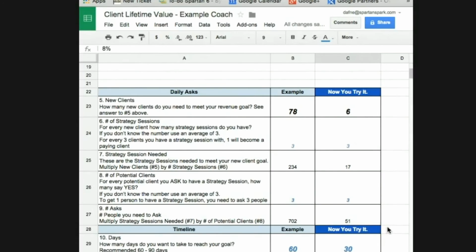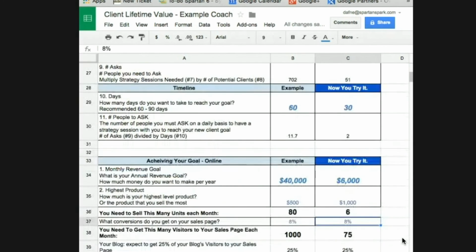The furniture designer wants to have a strategy session for interior decorators or her target market, so she needs to talk to this many people to get them into some kind of a meeting. A strategy session could also be a demo, a one-on-one, all kinds of stuff. And this is how the numbers work.